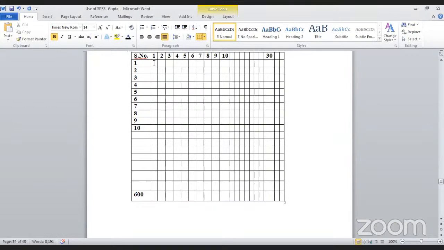So do you want me to explain for a test or for a scale? Inventory also will be the same. The procedure will be the same. It doesn't make a difference. Only when I'm writing the marks here, that is the only thing you have to take care of.